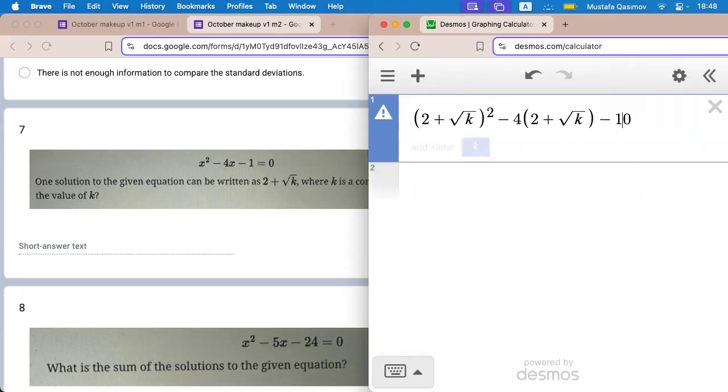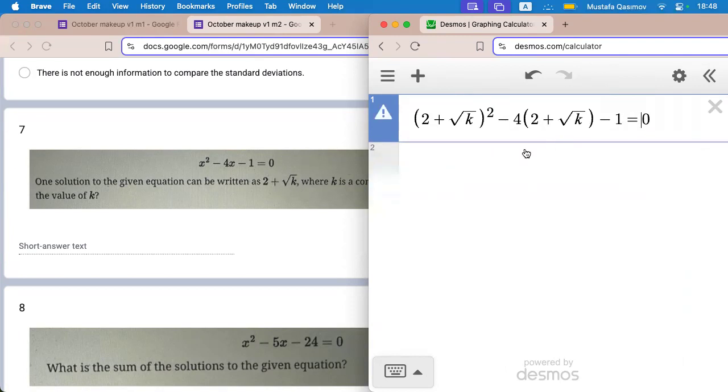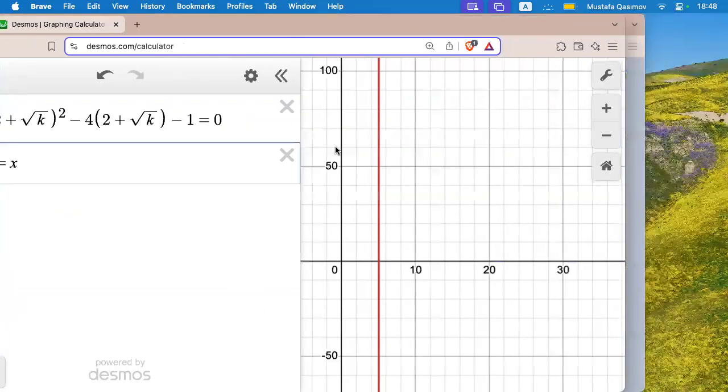Then put here this sign, then you will get answer, k is equal to 5. For example, you got here a negative number, for example, negative 10. But it says that k is positive, then write it like that. Write instead of k, x, k is equal to x. Then look at it from decimals. Because sometimes it can be two solutions.